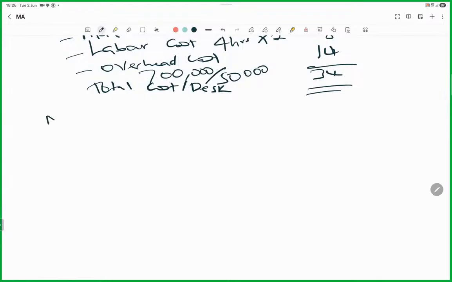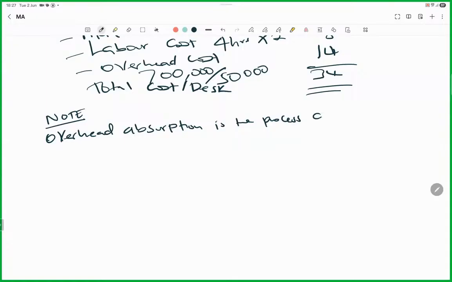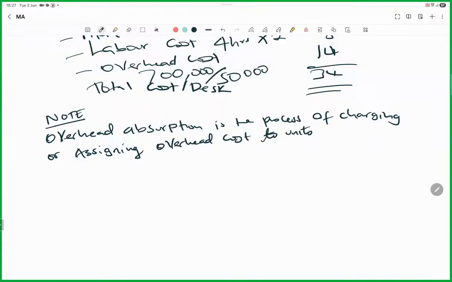So write for me there as a note, that overhead absorption is the process of charging or assigning overhead cost to units using a predetermined basis.